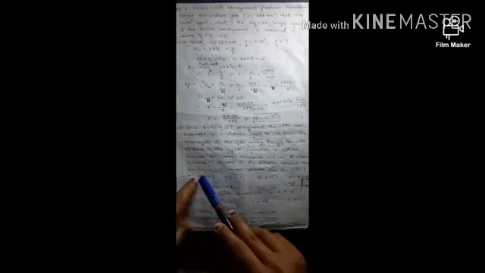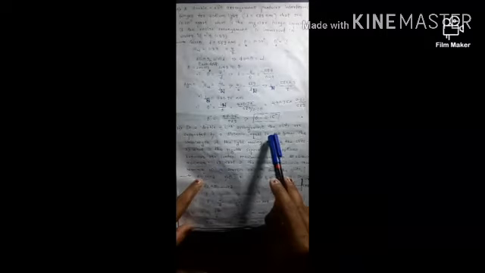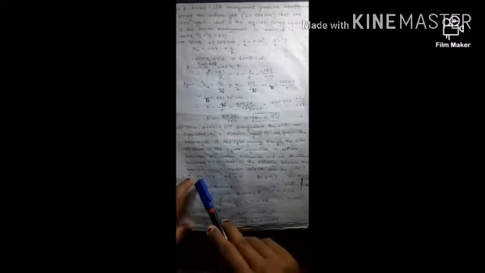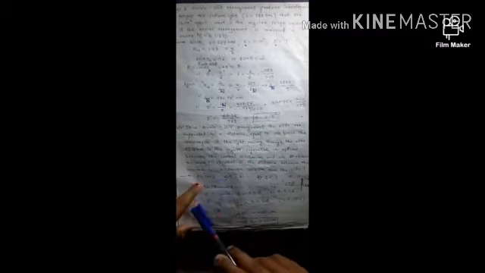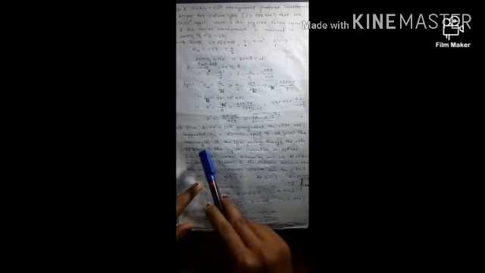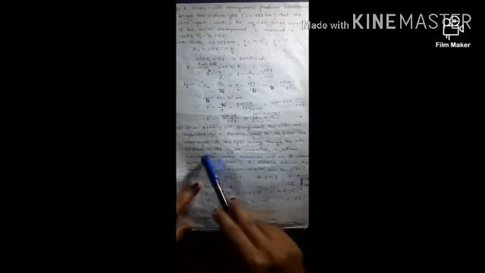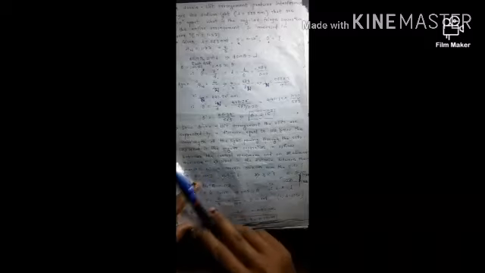So the condition is given, d equals 100 lambda, and two parts are asked. The first one: what is the angular separation in radians between the central maximum and an adjacent maximum?